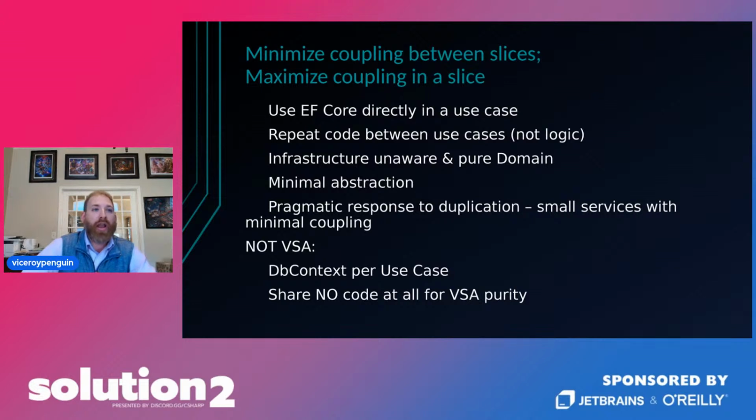Within a particular slice, don't worry about coupling at all. If you need to couple between two different handlers in a single slice, you need to depend on a service, there should not be any concerns about that. What should be concerning, or at least limiting, is coupling between slices.